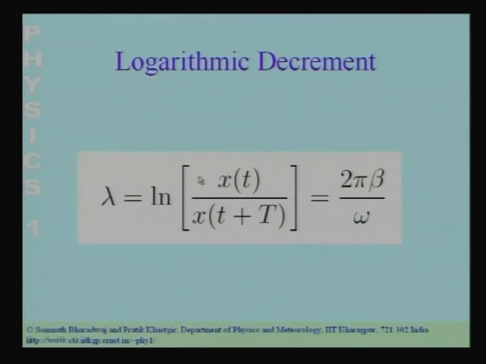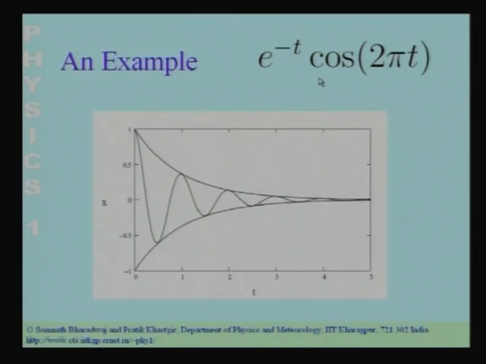Now, also look at the amplitude after one time period of the oscillation, if the time period is capital T. This ratio, the natural logarithm of this ratio, is going to give us what is called the logarithmic decrement. The logarithmic decrement is very useful, and you can estimate this directly from the oscillations.